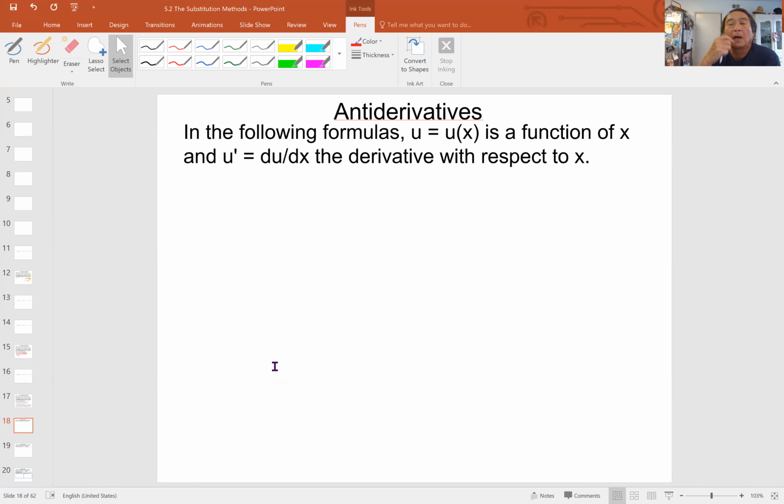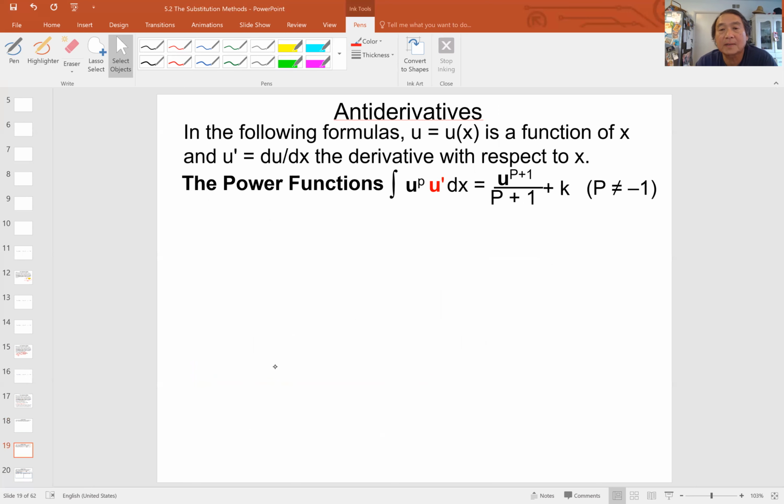So let me list these formulas using the symbols u and u prime. For example, suppose I'm taking the antiderivative of u to some power p times u prime; its antiderivative is going to be u to the p plus 1.